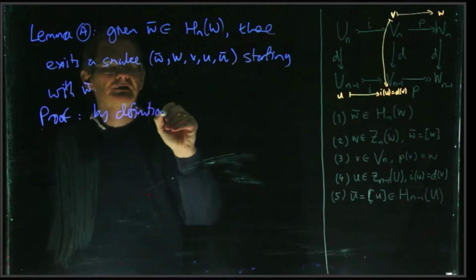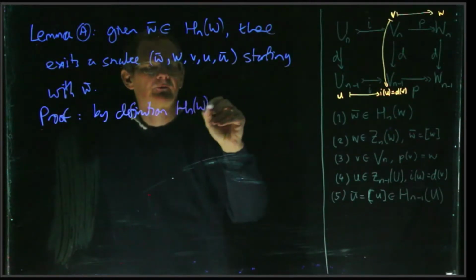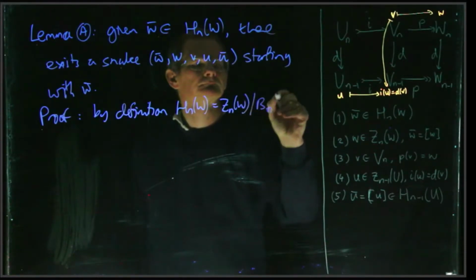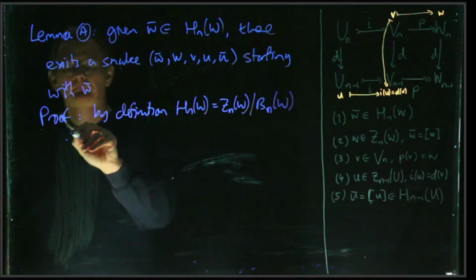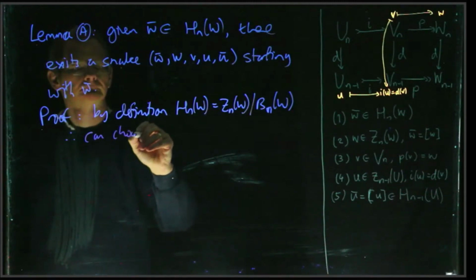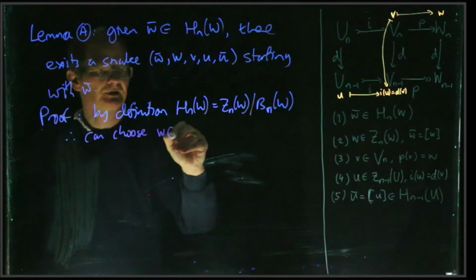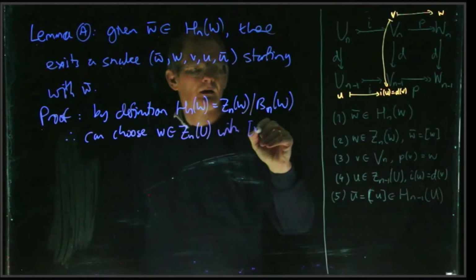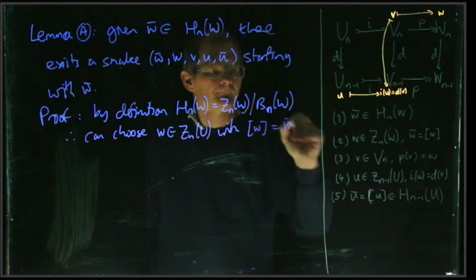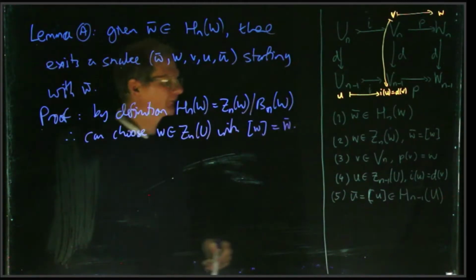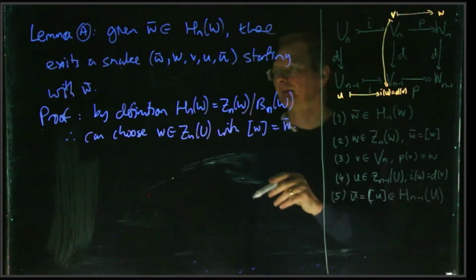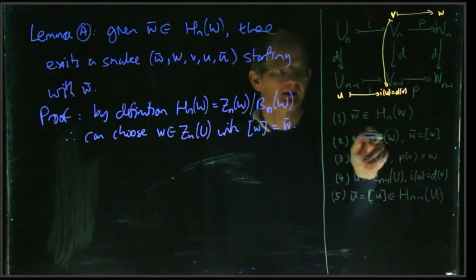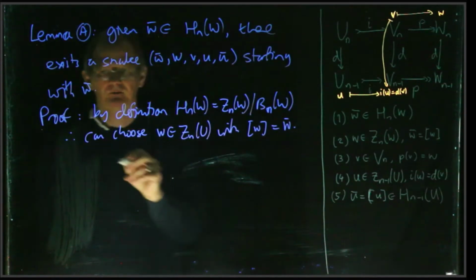Well, by definition, Hn W is Zn W over Bn W. So that means that we can choose w in Zn W with square bracket w as w bar. So that's our condition 2. I mean, we're given w bar in Hn W, so condition 1 is satisfied, and then we can choose v.